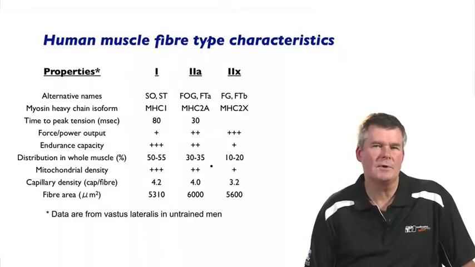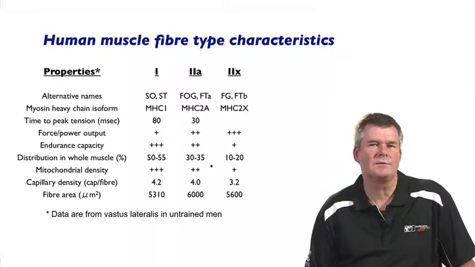The table here summarises the differences in characteristics between these various fibre types. The alternate names for type 1 you can see are often referred to as the slow oxidative or the slow twitch.